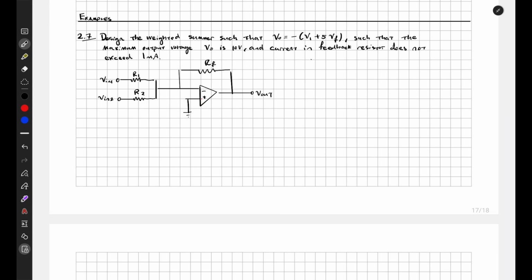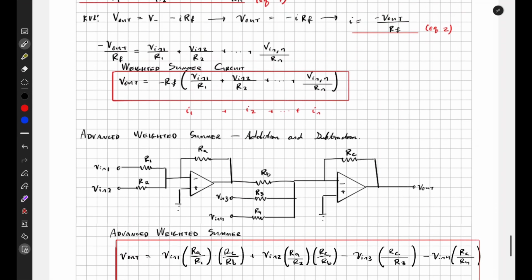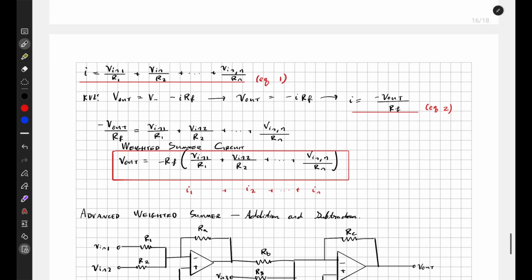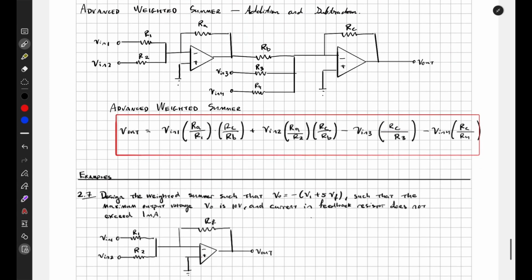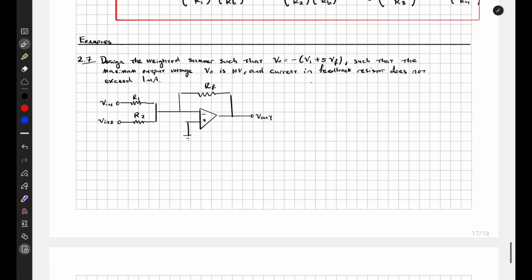So the thing is, we could just look at the formula that we have derived earlier and solve from there. But in my opinion, this problem is best approached from an intuitive understanding, just doing KVL and KCL until we find the answer.